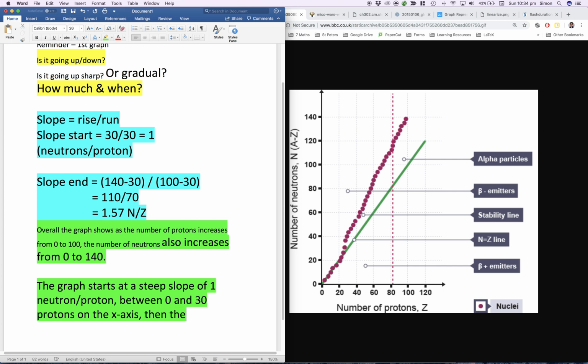Then the slope increases to 1.57 neutrons per proton between 30 and 100.